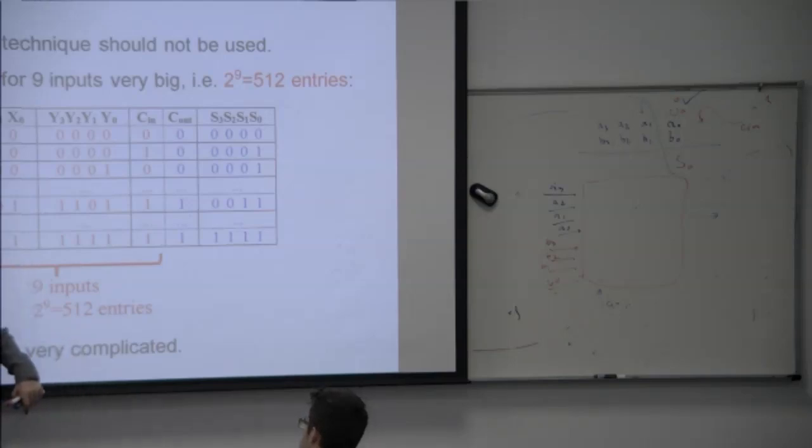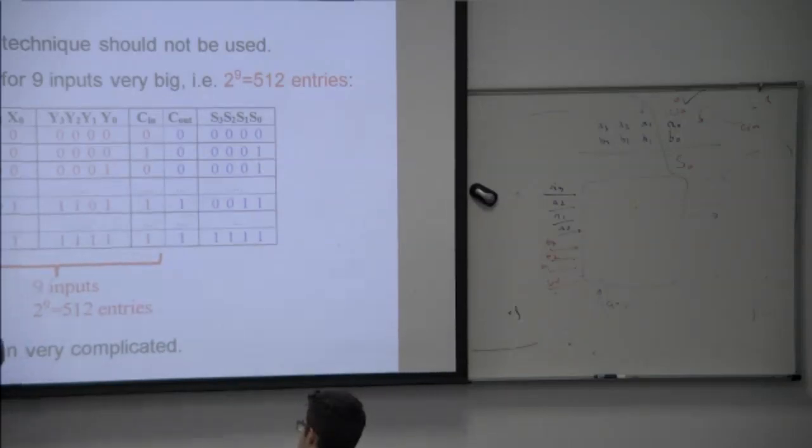Because for a 4-bit adder, 4 multiplied by 2 is 8, plus 1. For a 3-bit adder, 3 multiplied by 2 is 6, plus 1, 7. So for an n-bit adder, it is 2 to the power 2n plus 1. What is n here? 4. 2n is 2 multiplied by 4, plus 1.